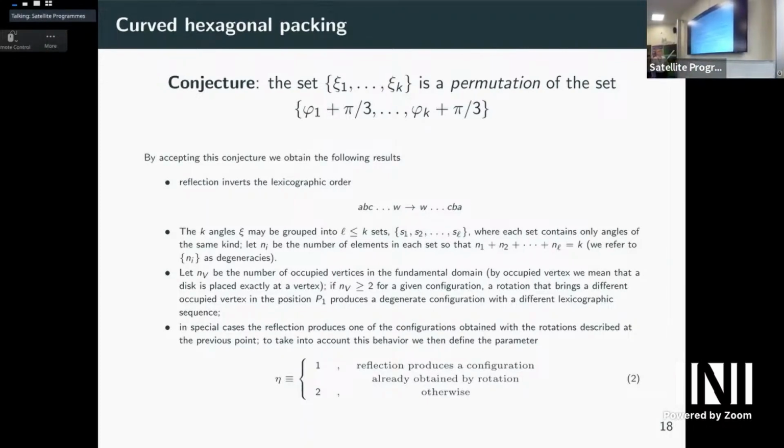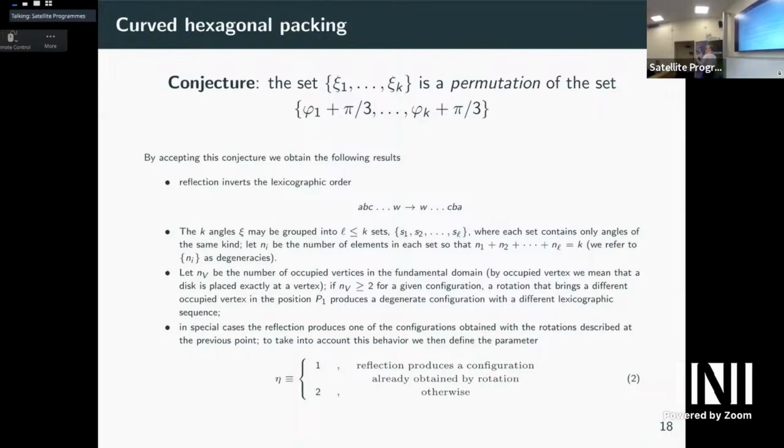First of all, you use lexicographic order. When you have several configurations that are all the same, by convention, you use the configuration which starts with an A and is in lexicographic order. So you make things simpler. Reflection is actually an operation that inverts the lexicographic order. Then you have to take into account degeneracy.